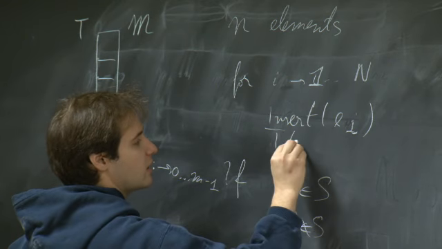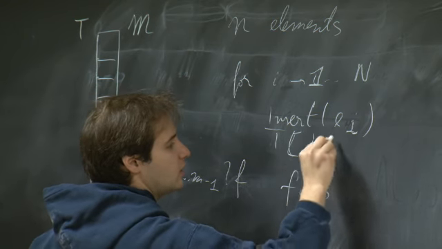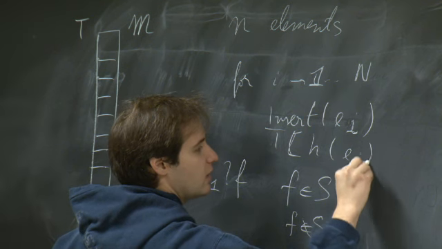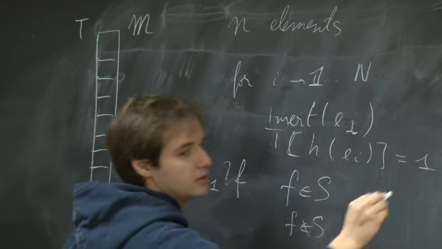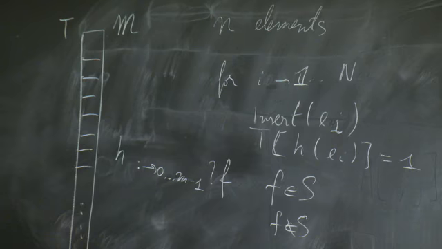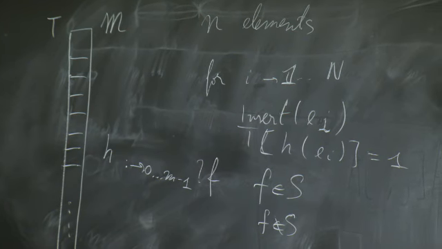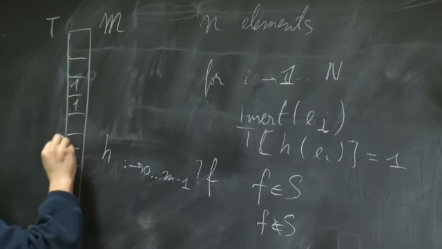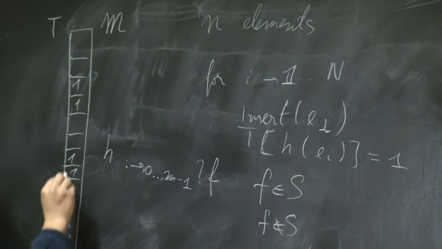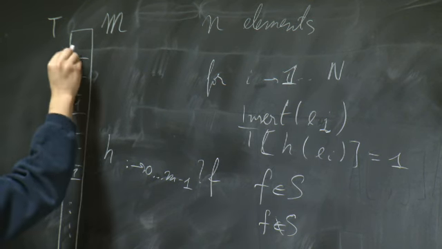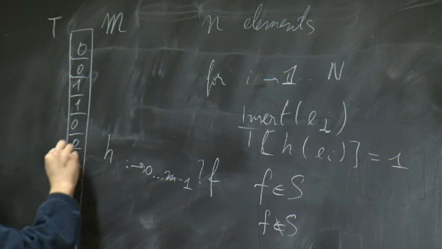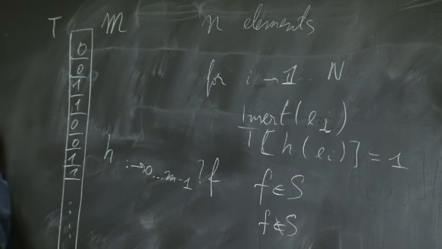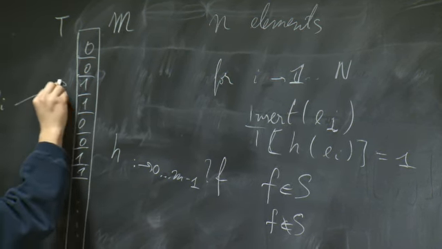We're going to say that t of h of ai equals 1. So this is a table of bits. For every element, we hash the element, and we set the corresponding bit to 1. So we're going to have some 1s and some 0s in the table. Say if this is ei, it hashes somewhere here.